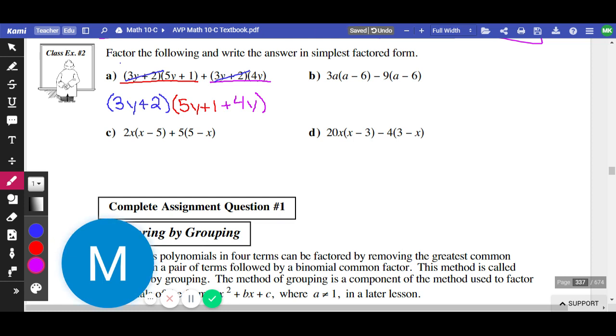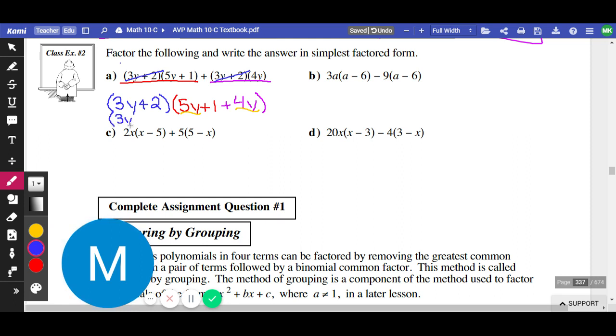This one's a little different than anything we've done before because when I took out my binomial, I was left with another binomial, right? 5y plus 1. The other ones were all monomials. If you look inside the brackets, we have like terms inside my remainder brackets. There's a 5y and a 4y, so I could combine those to be 9y.